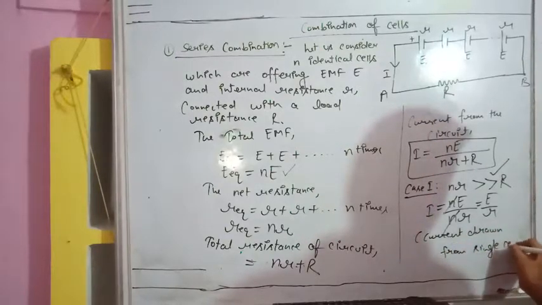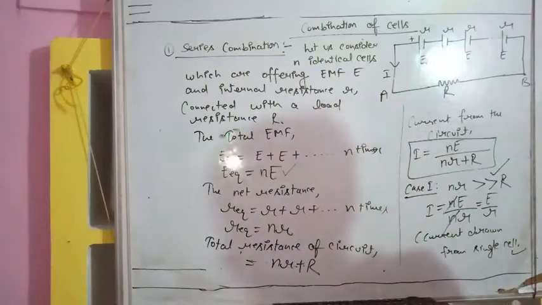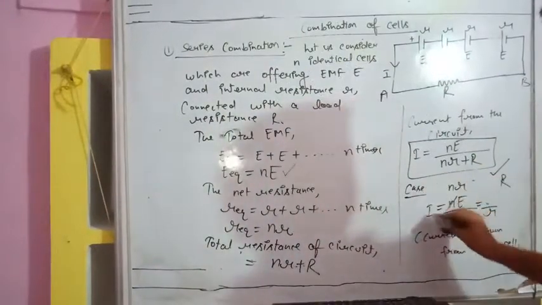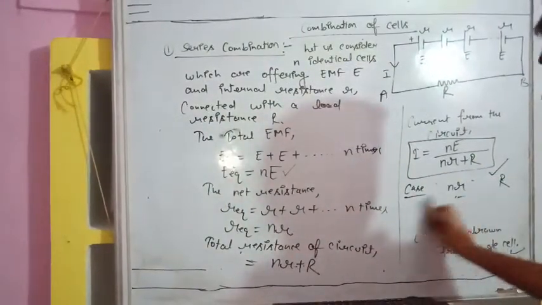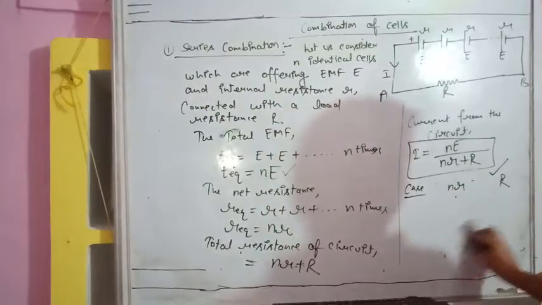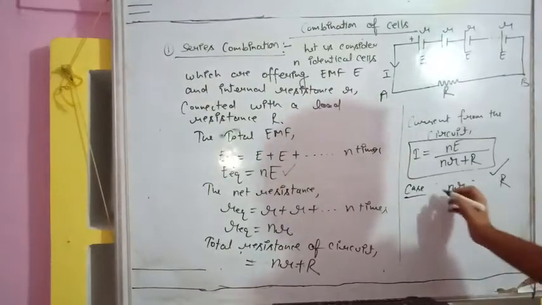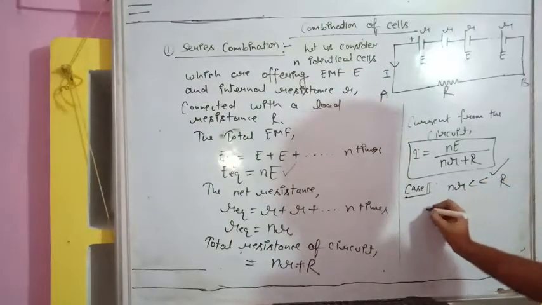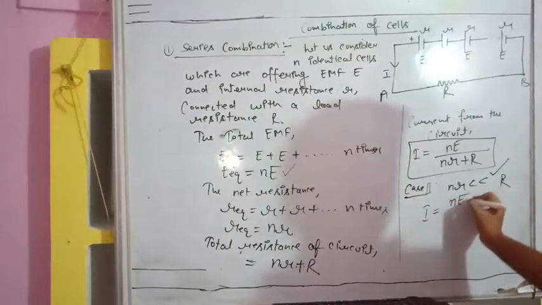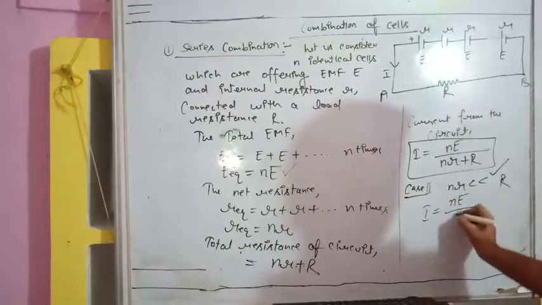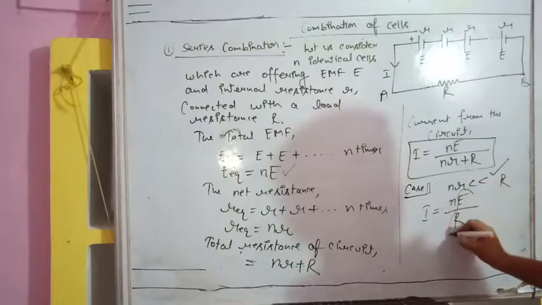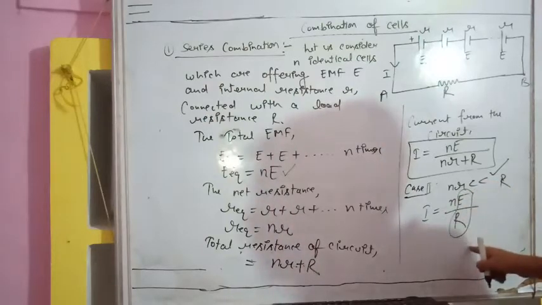Now students, we should study all kinds of cases. Case second: when NR is much less than R. Then what will be the condition? If NR is much lesser than R, in that case I is equal to NE upon, we can neglect NR, NE upon R. So as you can see, N times E upon R. E upon R is the current drawn from a single cell.